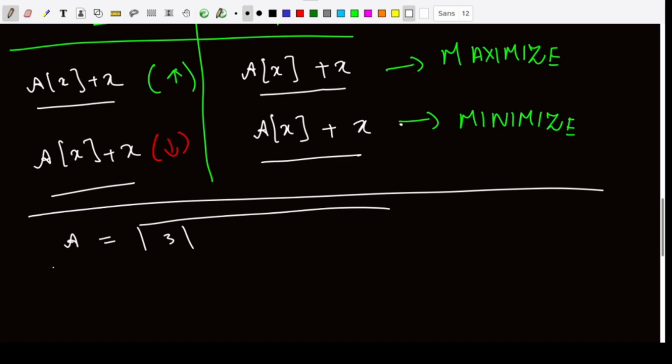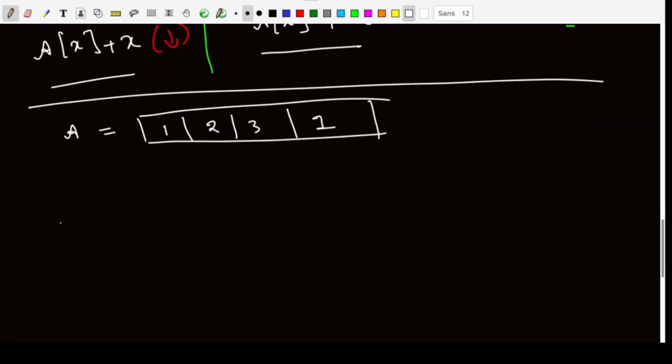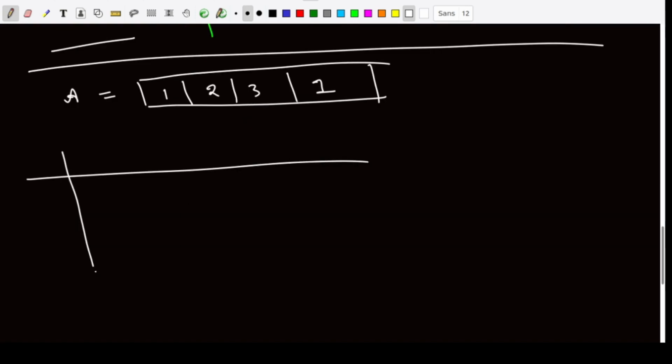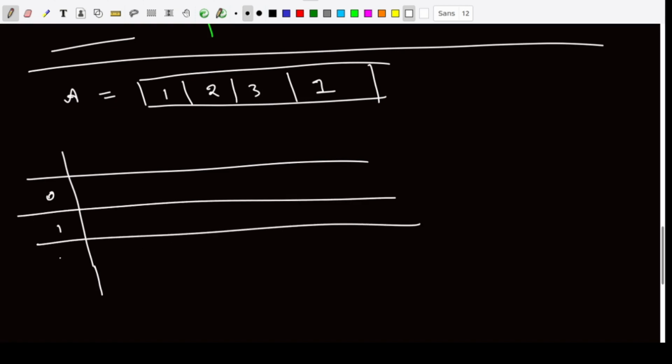Okay, so these are the indexes: 0th index, first index, second index, third index, right? There are 4 indexes only.